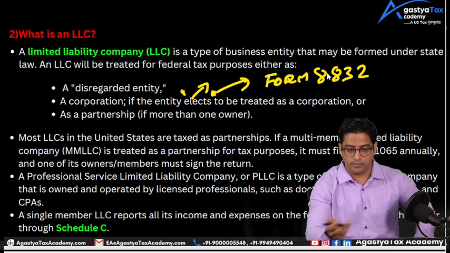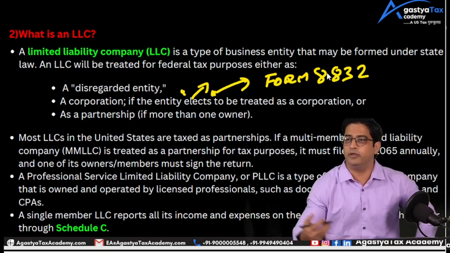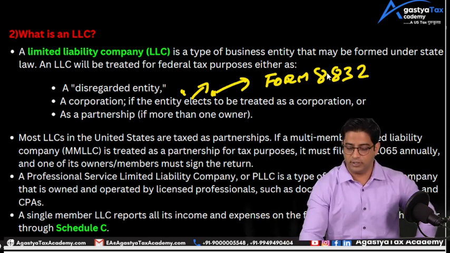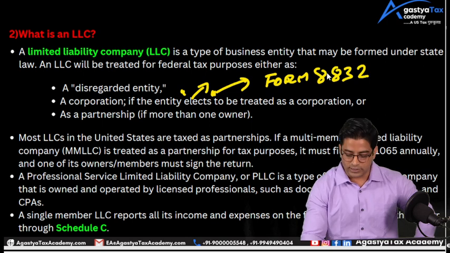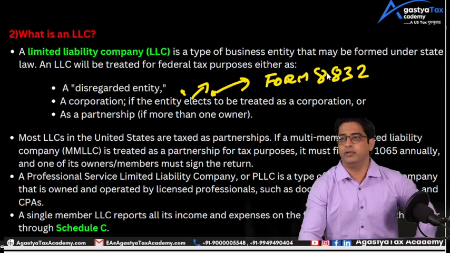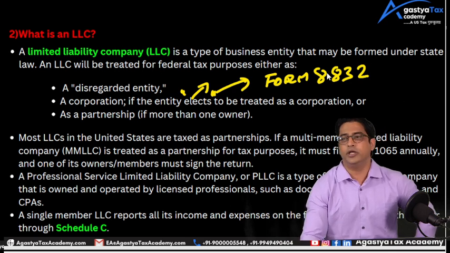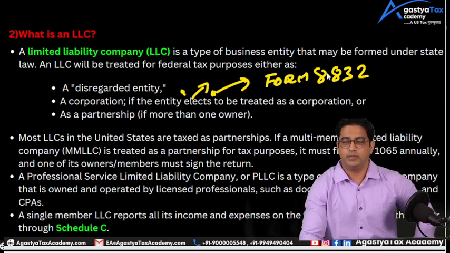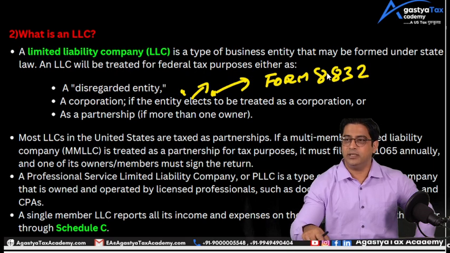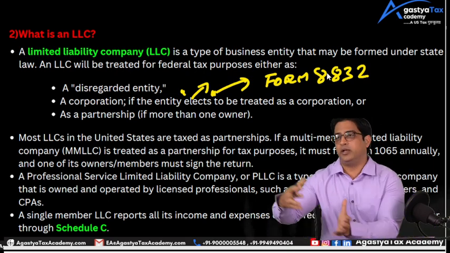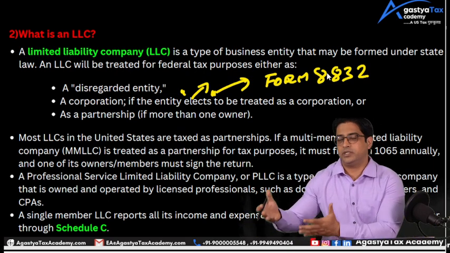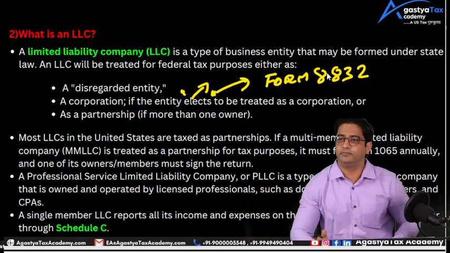You will say, this is the investment and this is the revenue that I'm generating. So he might be interested going forward, and after 6 months he might come and join you as a partner. So if you start as an LLC, you can transition your business entity later into a C corporation, an S corporation, or a partnership also. Okay.